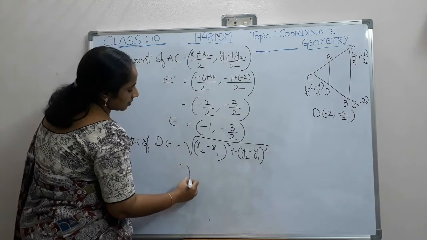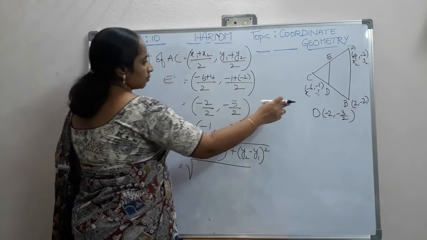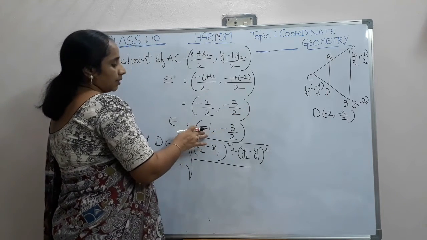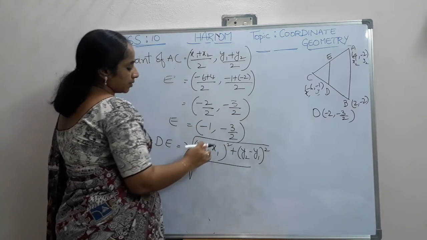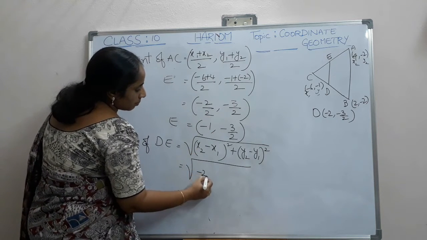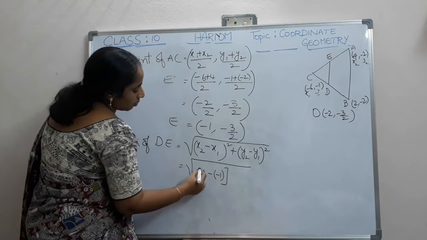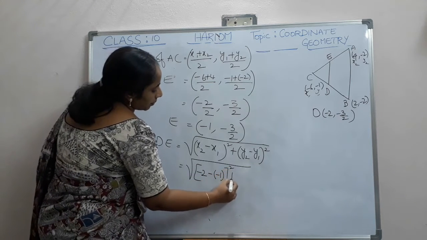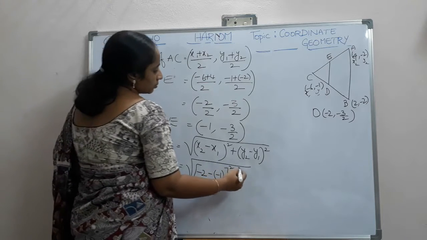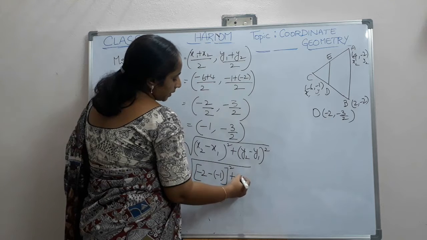D is minus 2, minus 3 by 2, E is minus 1, minus 3 by 2. So x1 is minus 2, y1 is minus 3 by 2.